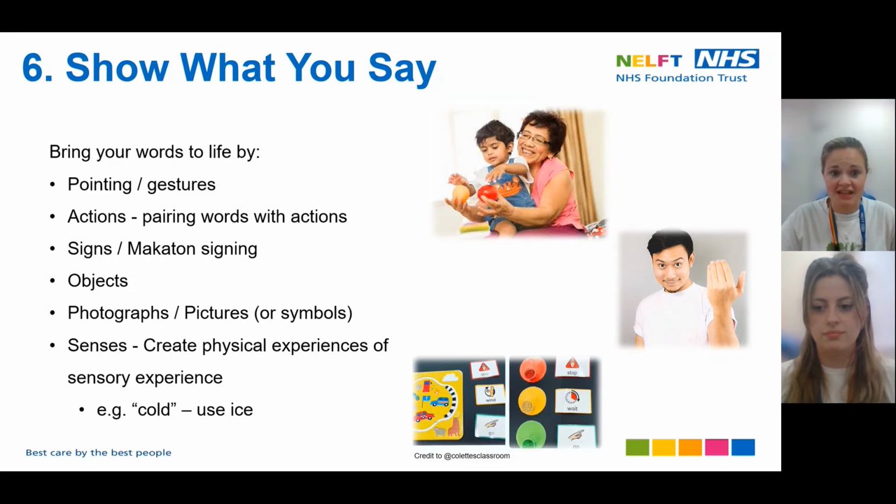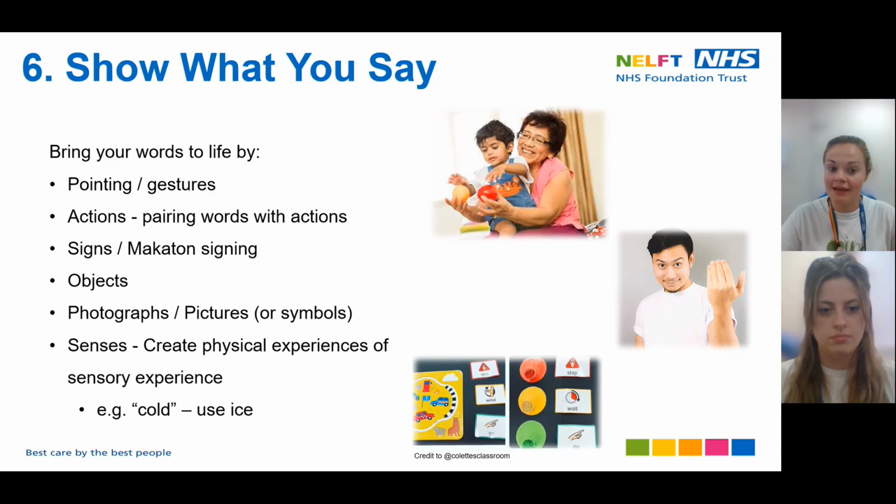And the last strategy is showing what you say. It's really hard just to understand words because they disappear really, really quickly. So we can bring our words to life by using pointing and gestures. We can pair words with some actions with our hands of what we're doing.